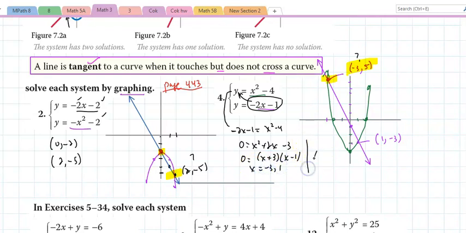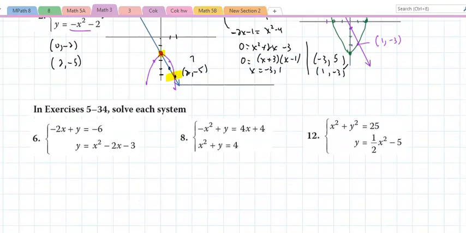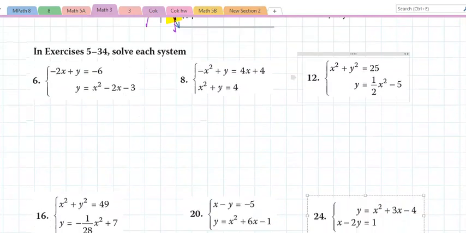If x equals -3, put a -3 right there. That's a 6 minus 1, which is 5. I got it right. And if I put a 1 in, that will be -2 minus 1, -3. So algebraically, I'm certain. Graphically, I'm guessing. So the rest of the work is algebraic.